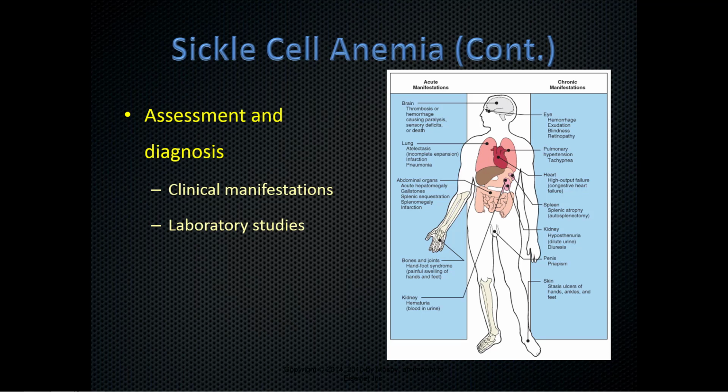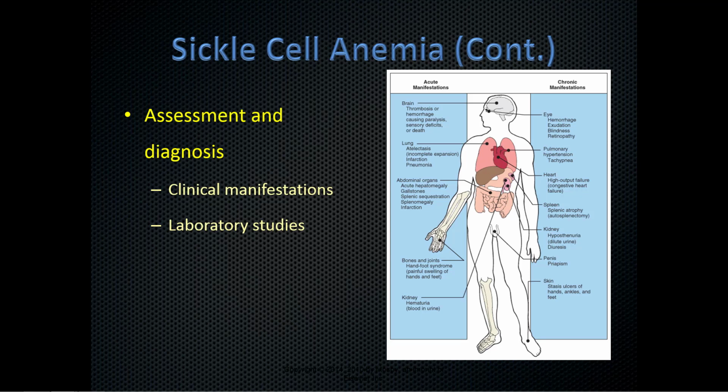The initial laboratory studies should include a complete blood count, a peripheral blood smear, and a quantitative hemoglobin electrophoresis. Sickle cells will constitute roughly 5 to 10% of the blood smear, and the elevated reticulocyte count greater than 10% is characteristically accompanied by the presence of what are called Howell-Jolly bodies.